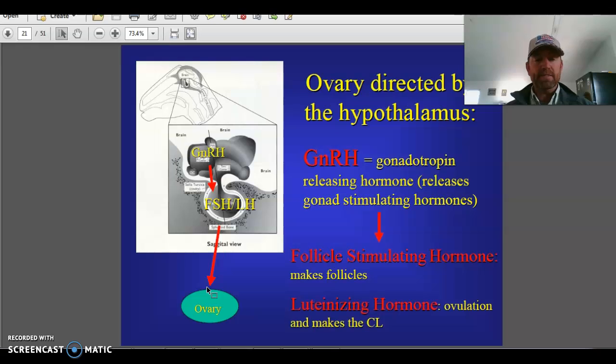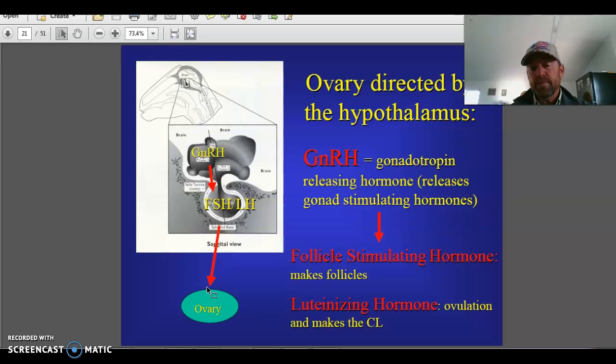Let's say something happens, the cow gets really stressed, you did something to her, and she doesn't end up becoming pregnant. The first place that knows whether she's pregnant or not is the uterus. The most internal layer of the uterus is called the endometrial layer.